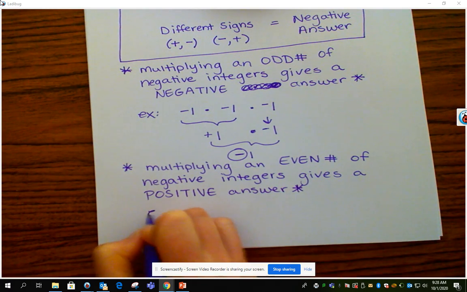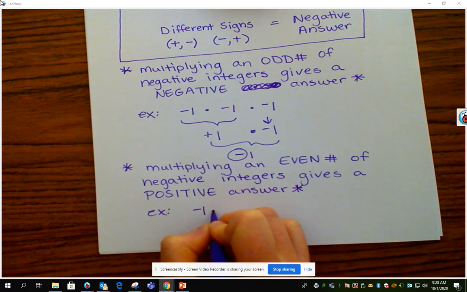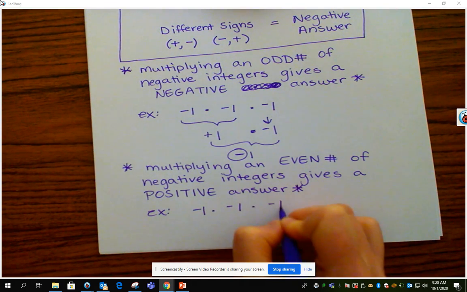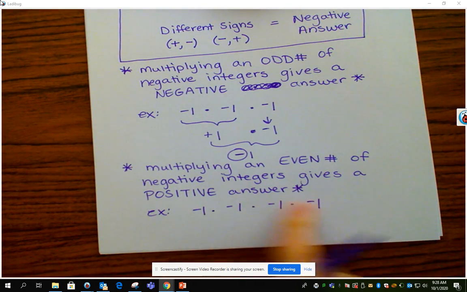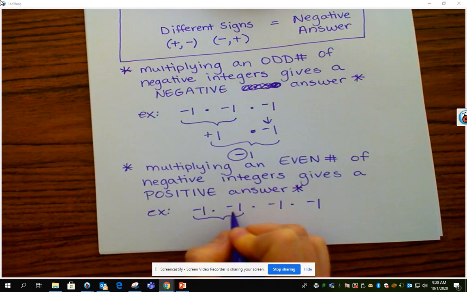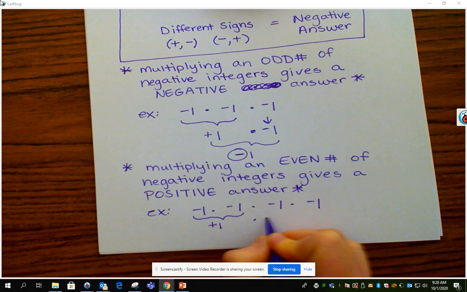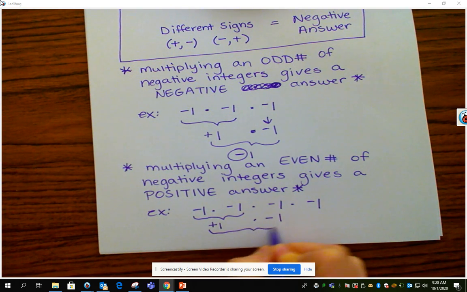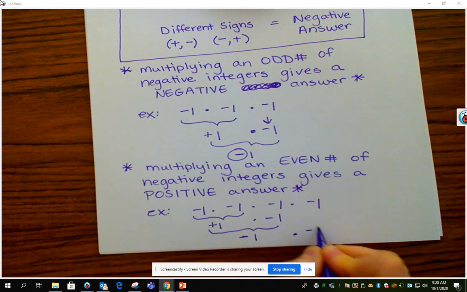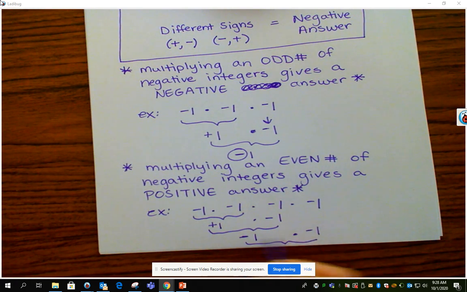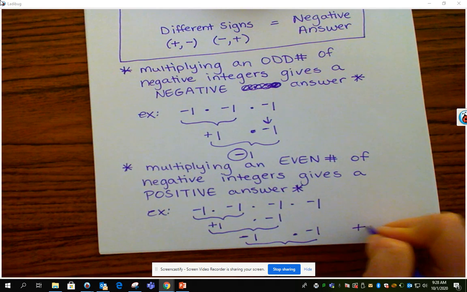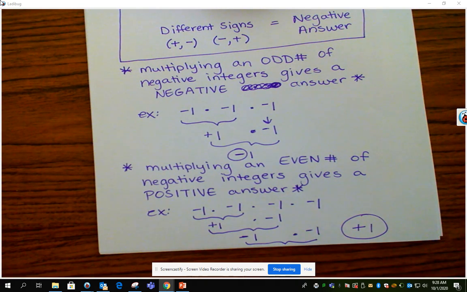Okay, so for example, if I did -1 times -1 times -1 times -1, 4 times there, if you think it through, these have the same sign, so they would be positive. These two have different signs, so they would be negative. And then the last two have the same sign, so you would end up with a positive answer.